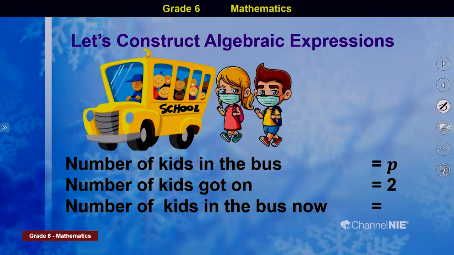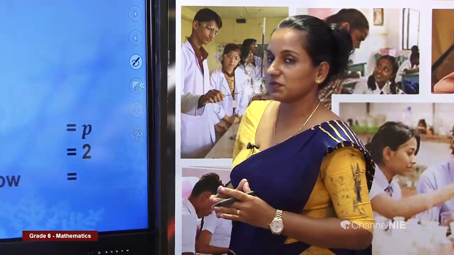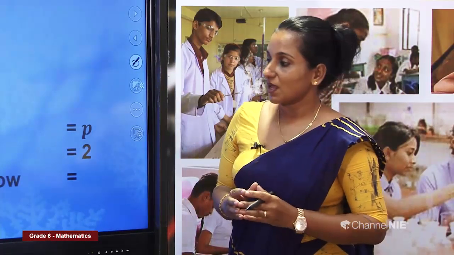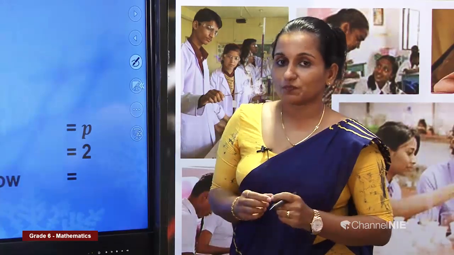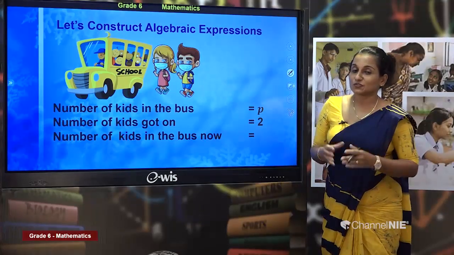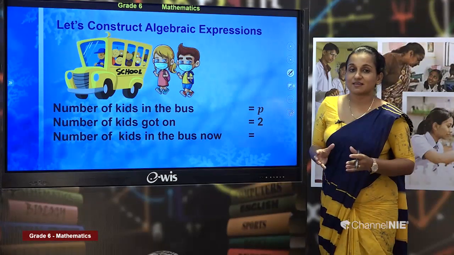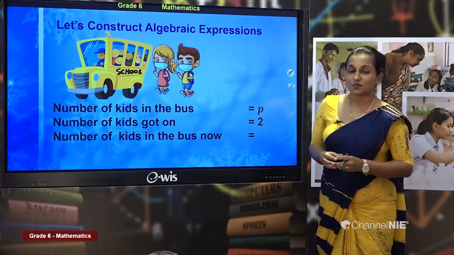Number of kids in the bus is an unknown. Therefore, I used an algebraic symbol for that. Then the number of kids got on is 2.